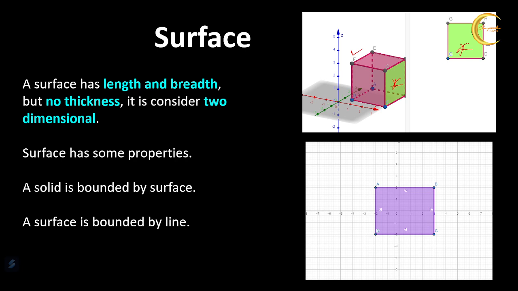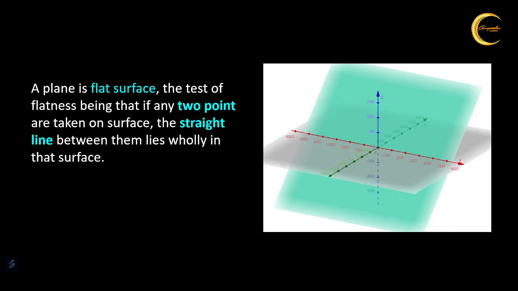Now this surface is bounded by lines. This is A and B, and this is C and D. So these four lines AB, BC, CD and DA bound the surface.